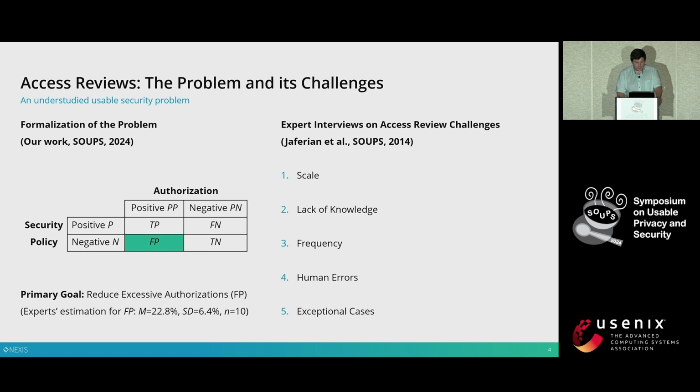On Friday afternoon, he wants to go home quickly, so he might be a little bit faster and make more errors, which is a human thing. Fifth, exceptional cases. Because of the scale of access reviews, rare phenomena become more common, like parental leave or sickness. So you have to remember that even rare things can happen more frequently at that scale.